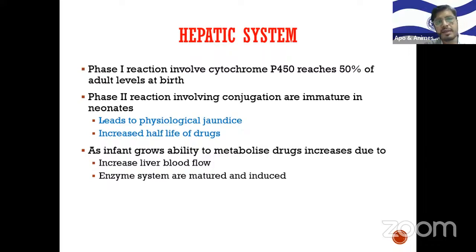Next is the phase two reaction system, which involves conjugation. They are quite immature in neonates, and since bilirubin is excreted via conjugation, this type of reaction system leads to physiological jaundice, especially in premature babies. And the half-life of the drugs will be increased, especially those excreted through this phase two reaction or conjugation.